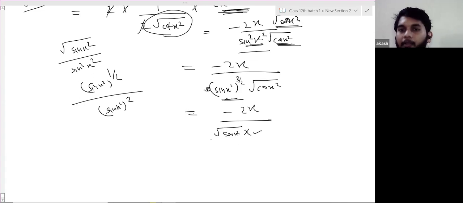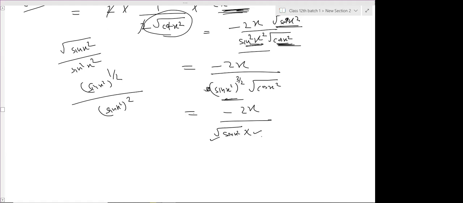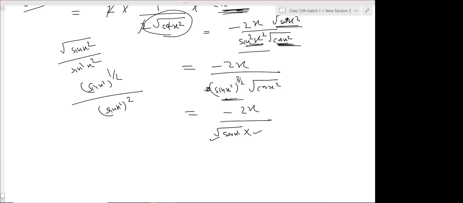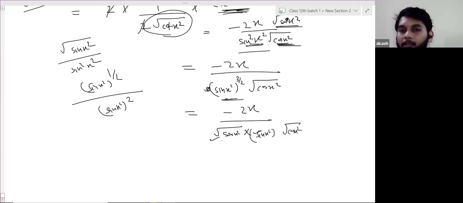If I take half power out of this, how much power will remain? 2/2. So what is 2/2? 1. So sine x square will remain, right? And this is cos x square. Now these things we can multiply together. So this is 2x sine x square under root sine x square cos x square.